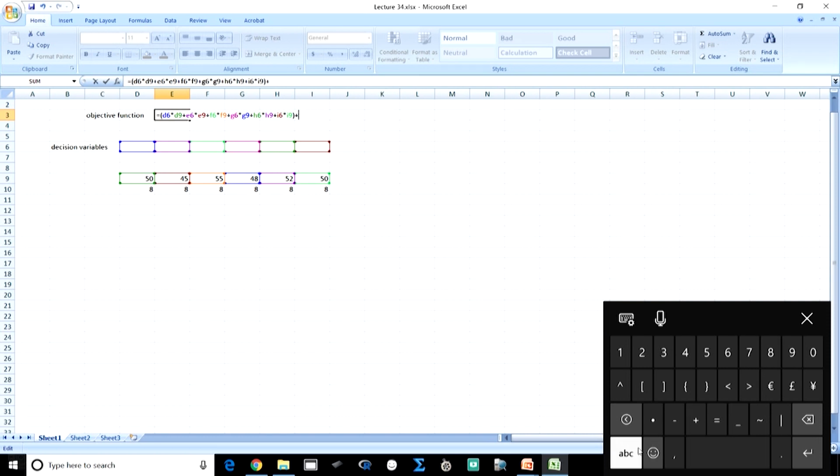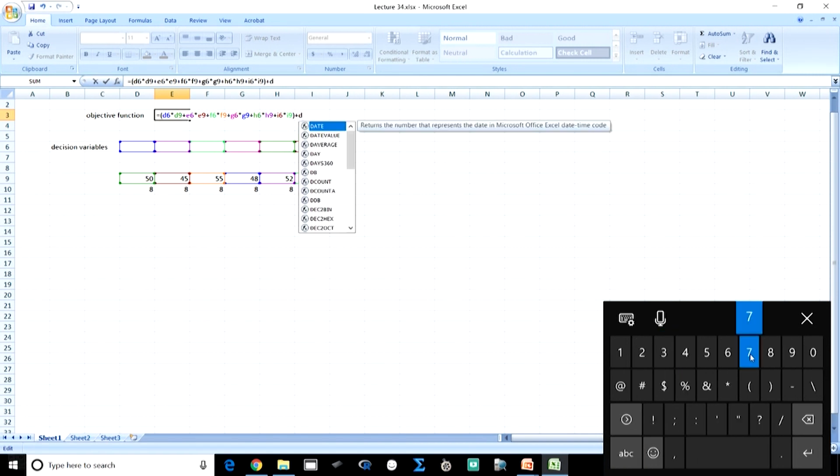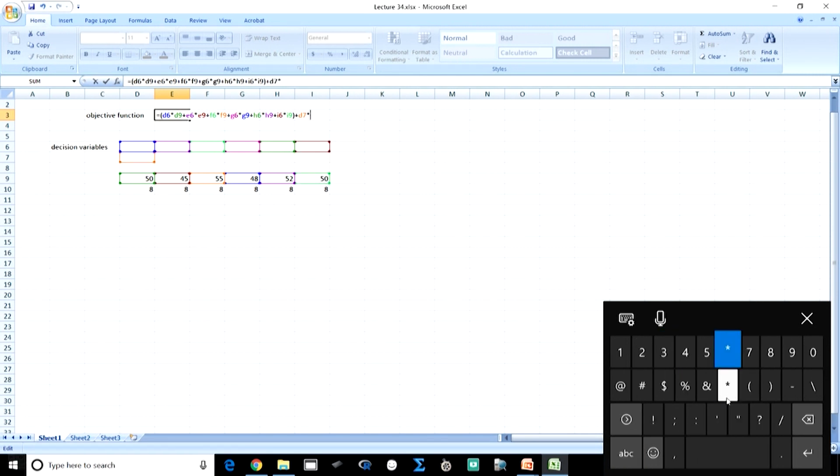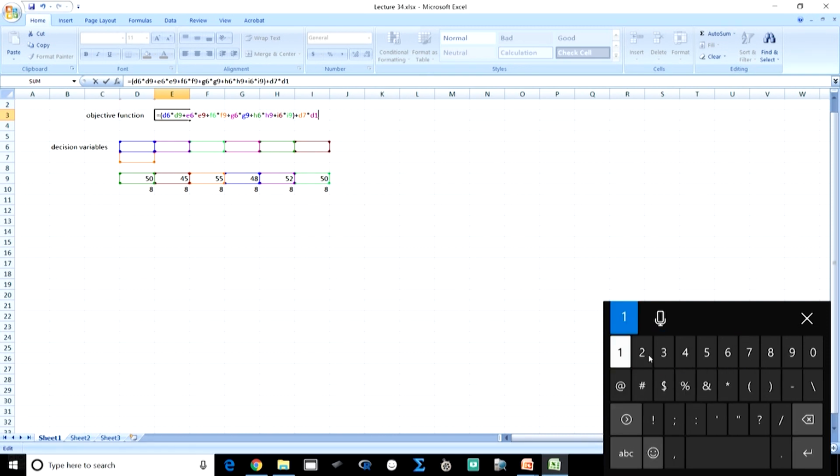So quickly, D7 multiplied with D10, plus, again it is better to put a bracket here. Then we can go here.